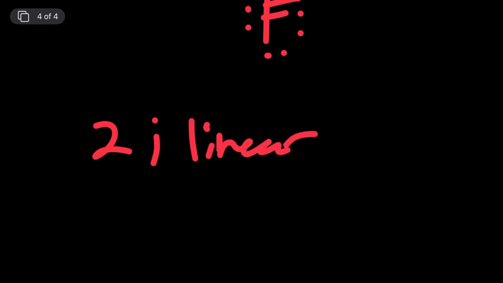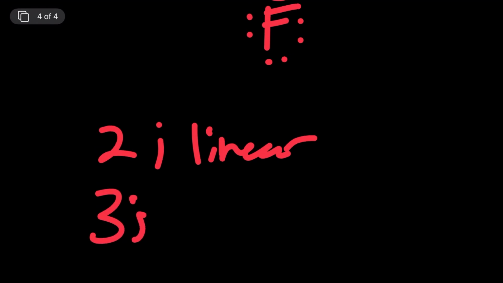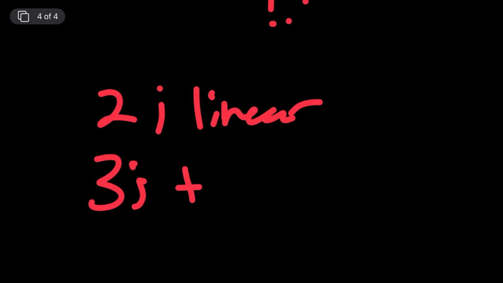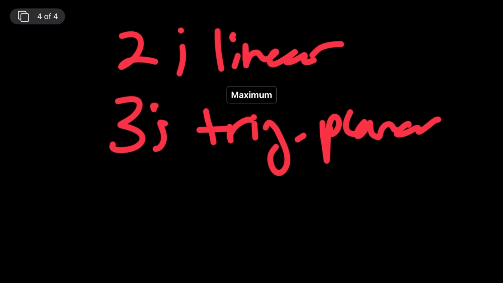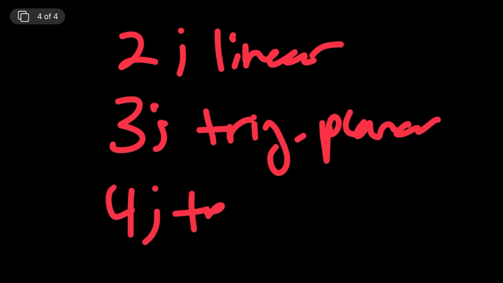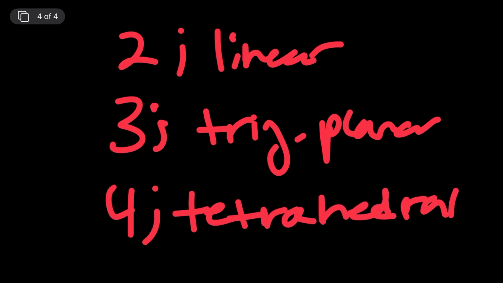And just to go over electron geometries, when we have 2 electron groups, electron geometry is going to be linear. When we have 3, electron geometry is going to be trigonal planar. When we have 4, it's going to be tetrahedral. And you can remember that by the tetra, which means 4.